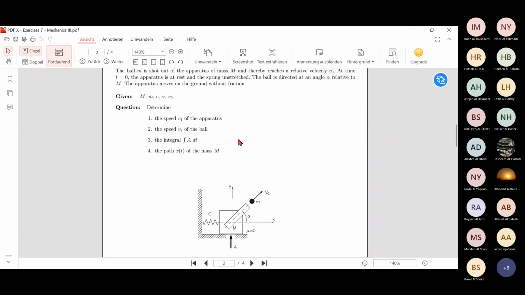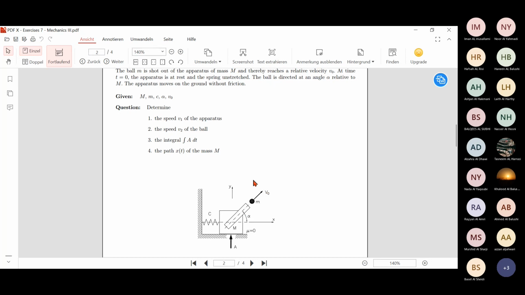In this exercise 2, we have the ball of mass small m, which is shot out of the apparatus here of mass capital M, and it reaches the relative velocity V0.